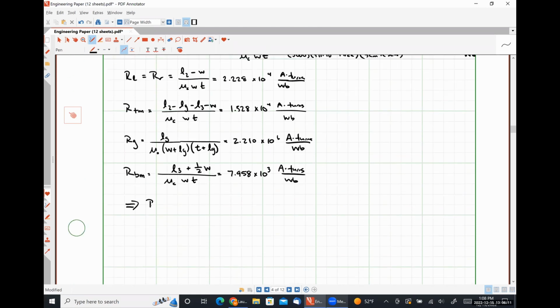So we are going to have some reluctance R left, that is RTL plus RL plus RBL, and that comes out to be 5.411 times 10 to the 4 amp turns per Weber.